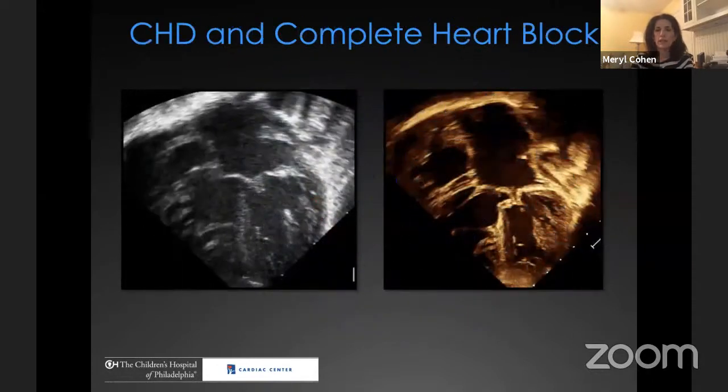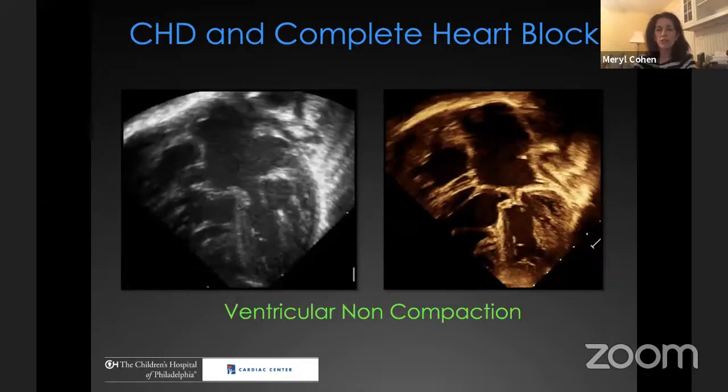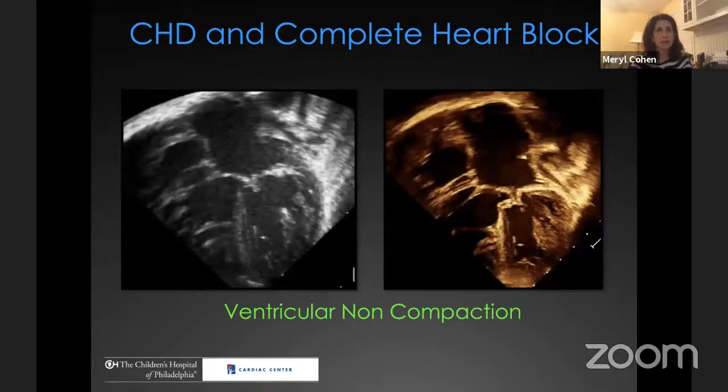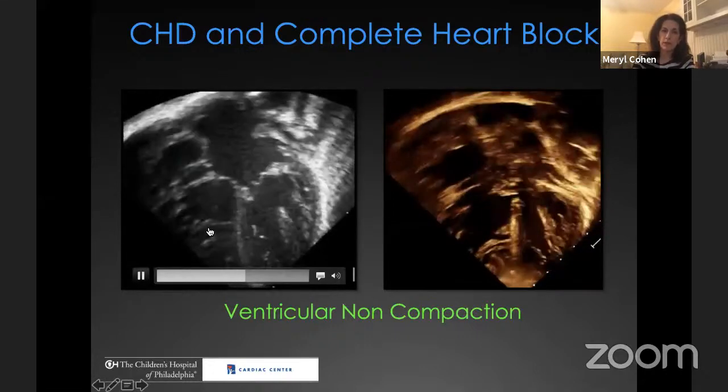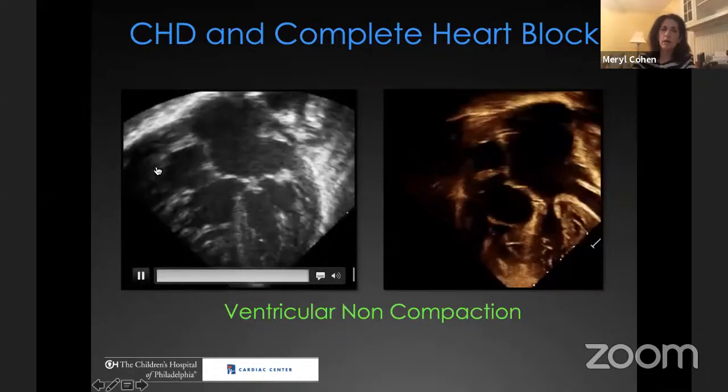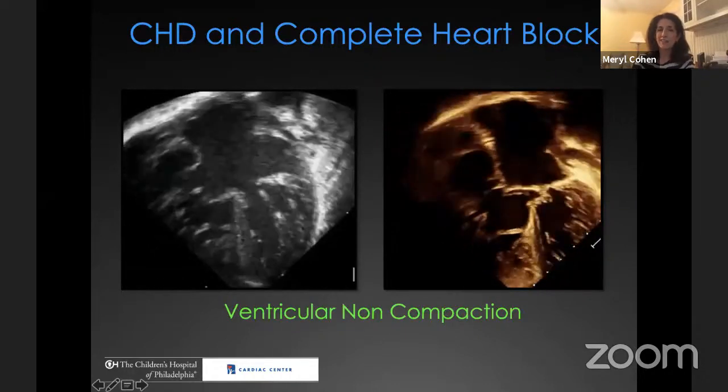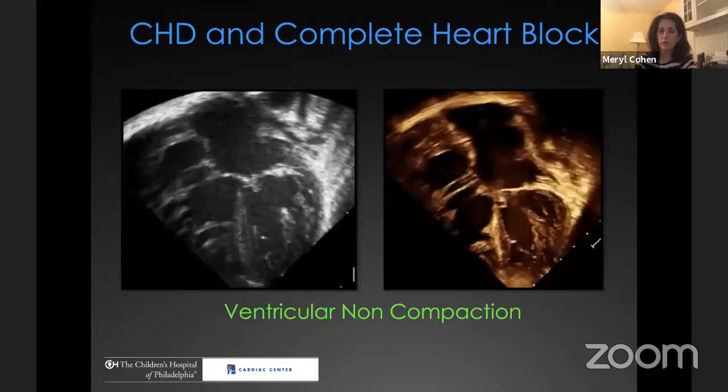And just to mention that complete heart block, which I alluded to earlier, often patients who have heterotaxy, left isomerism, with complete heart block, you can see this person has an AV canal defect, will also have non-compaction of both ventricles.